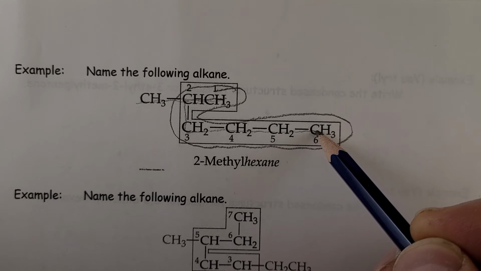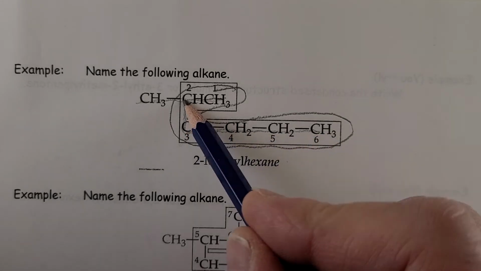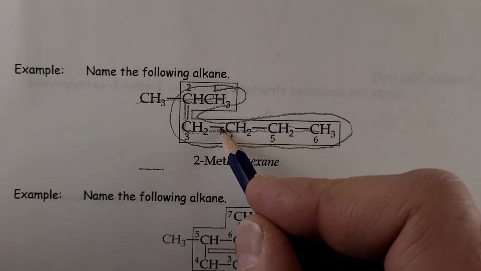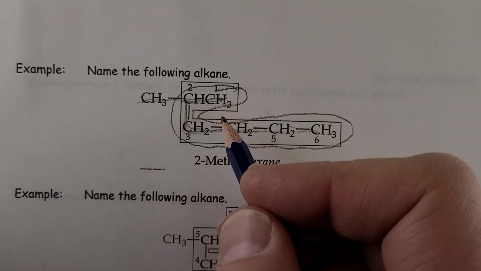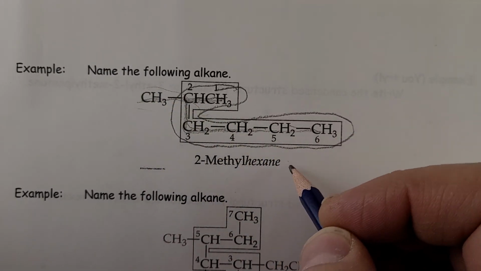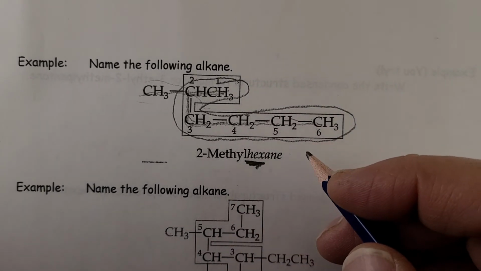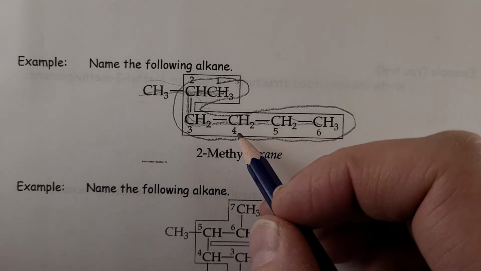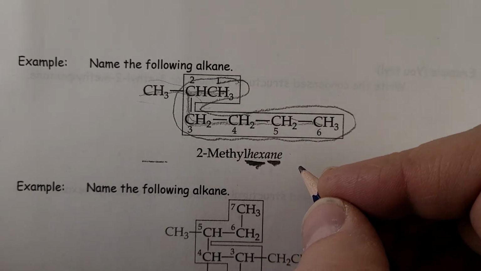Or if I had started here, 1, 2, 3, 4, 5, then I could go either this way for 6 or this way for 6. It wouldn't matter. Since I have 6 carbons, that's going to give me the base name hex. And because they're all single bonds, -ane: hexane.